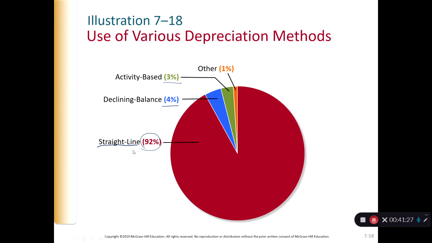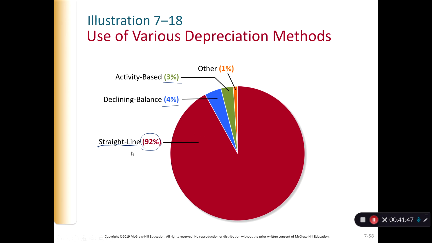Probably because these companies believe they realize the benefits from their planned assets evenly over the assets' service lives. Certainly another motivating factor is that straight line is the easiest method to use, and it's very easy to calculate.